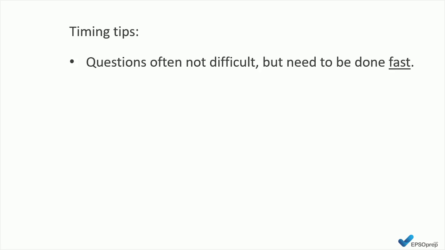Luckily, there are a few tricks you can use to speed this up. The first is, wherever possible, do some estimation and make sensible assumptions about the answers. By looking at the answer choices, you may be able to see the correct answer or one that you think is very likely already.